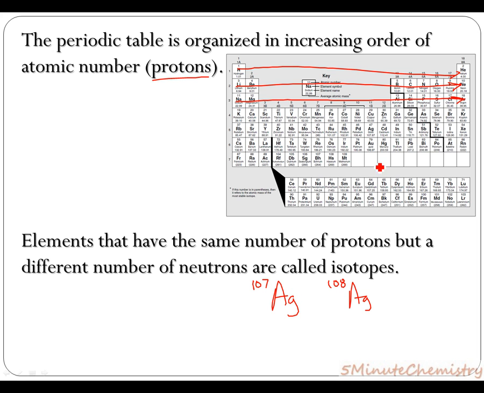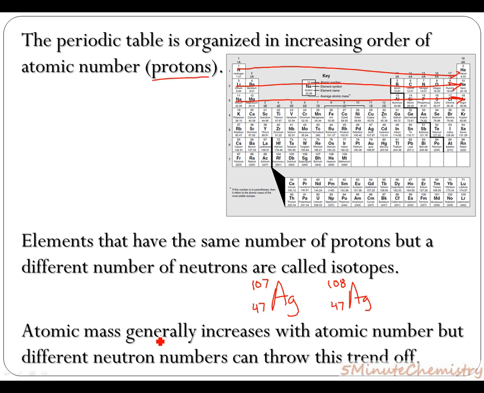Now because it's silver, the identity of silver is based on the number of protons. There are 47 protons per silver. So in isotope notation, this is how we would read that. This would be called silver 107. This would be called silver 108.